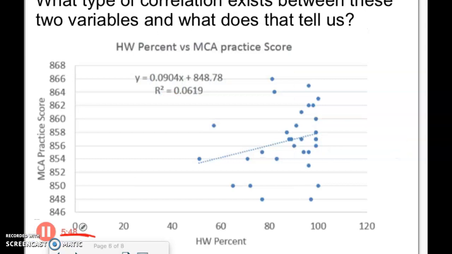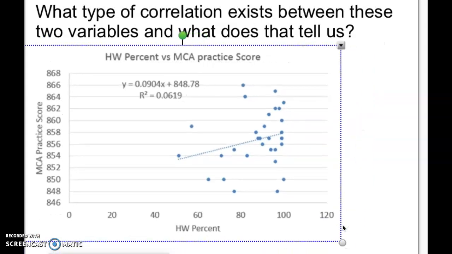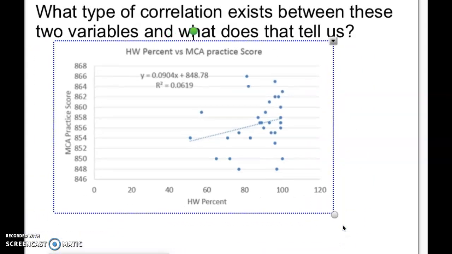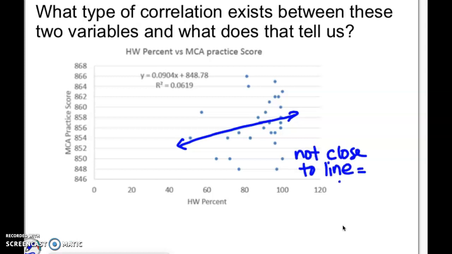So I drew in the trend line for you, okay? And so you need to kind of look and say, well, how close to the line are all of my dots? Not very close, right? Not very close, and I'll draw it in. So, not close to line equals weak, right?